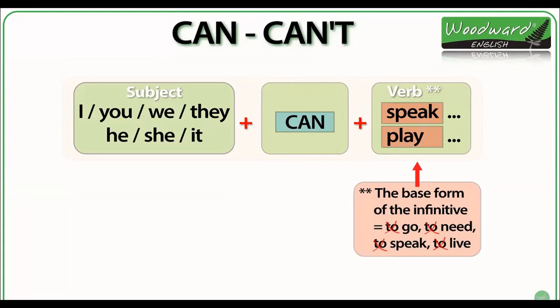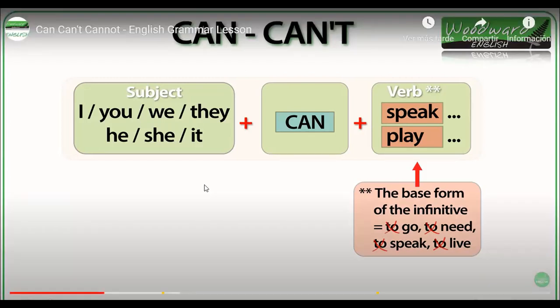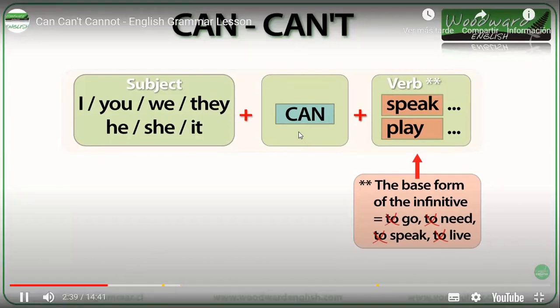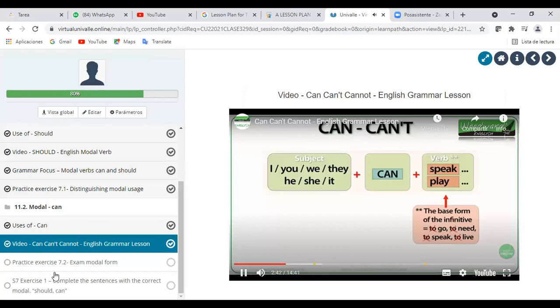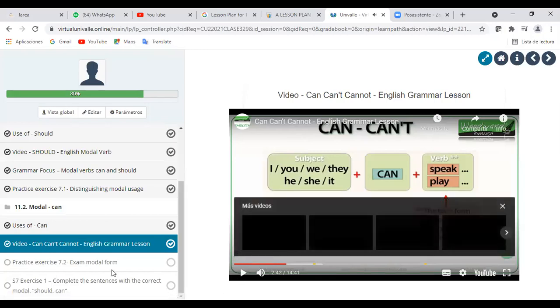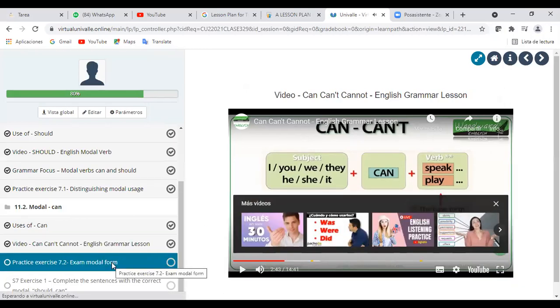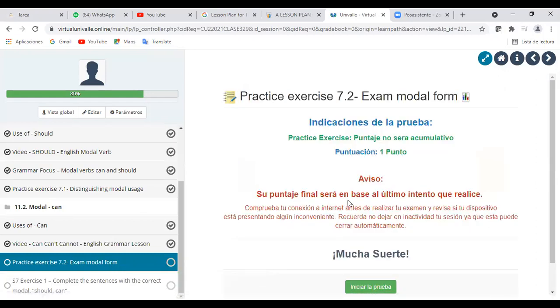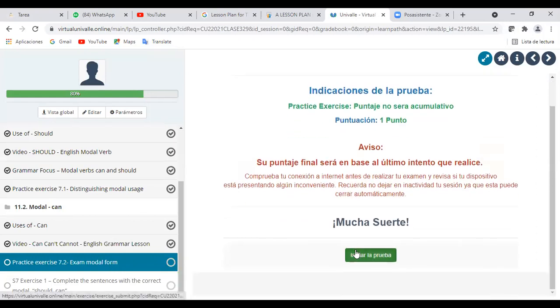The infinitive is to go, to eat, to speak, to live. For the base form of the infinitive, remove the "to" part. So: go, not to go.